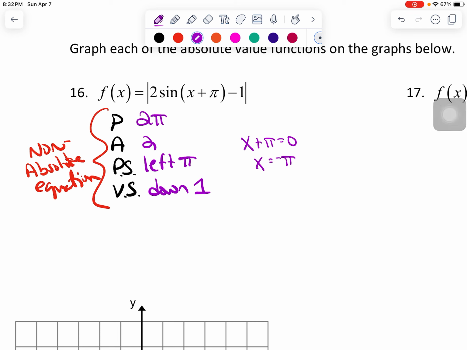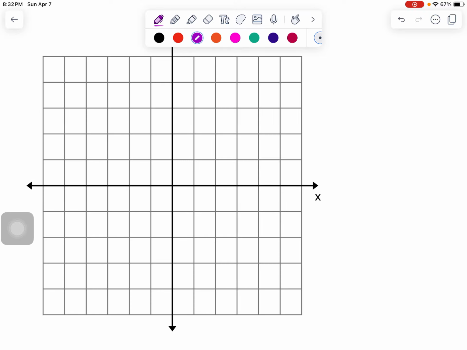So what I'm going to do now is graph all of this, and then I'll deal with the absolute value. Okay. I've got to label the x-axis. Starting at the origin, 1, 2, 3, 4, that is 2 pi, pi over 2, and of course 3 pi over 2.